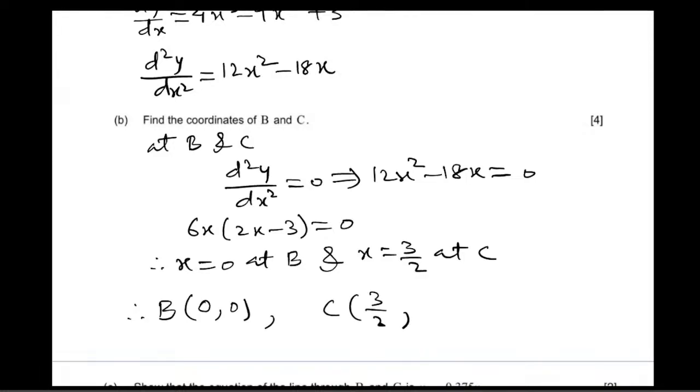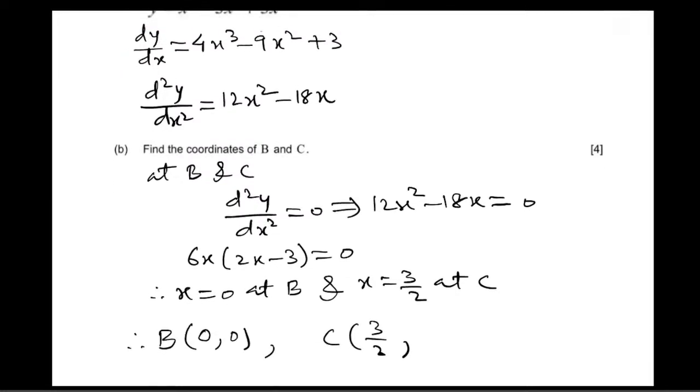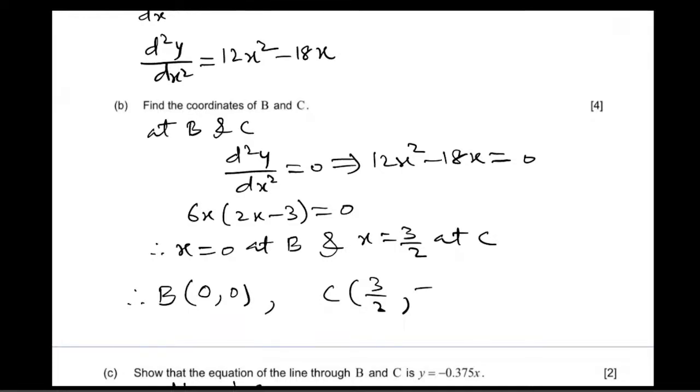And I'll put it in the original curve, 3 by 2 into this curve and get the y coordinate. So 3 by 2 to the power 4 minus 3 into 3 by 2 to the power 3 plus 3 into 3 by 2. And I'm going to get, yeah, by calculator, minus 9 by 16.